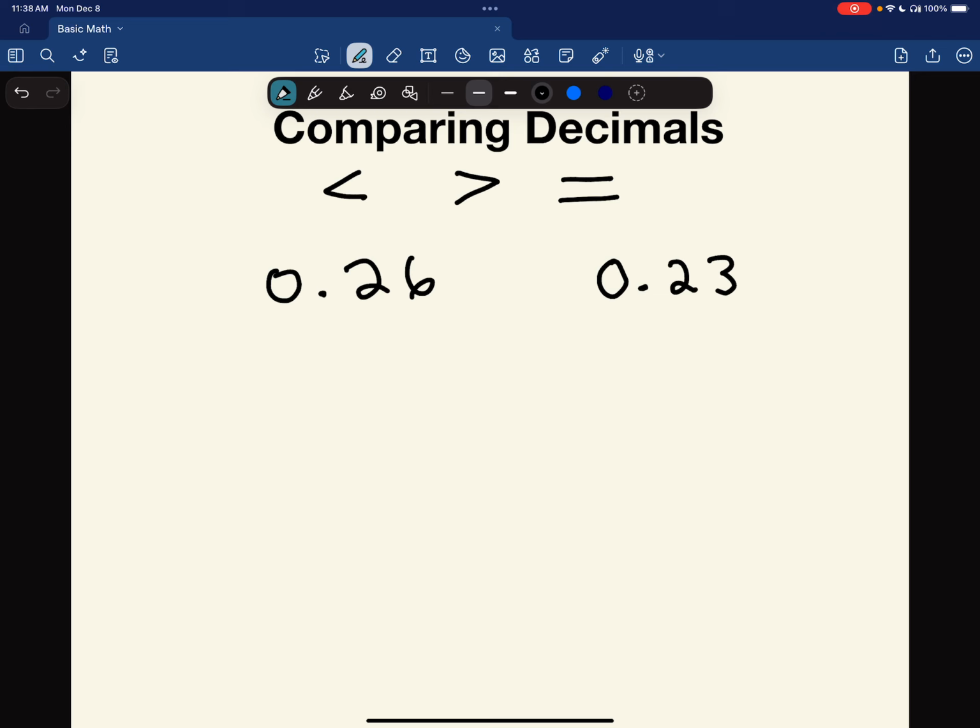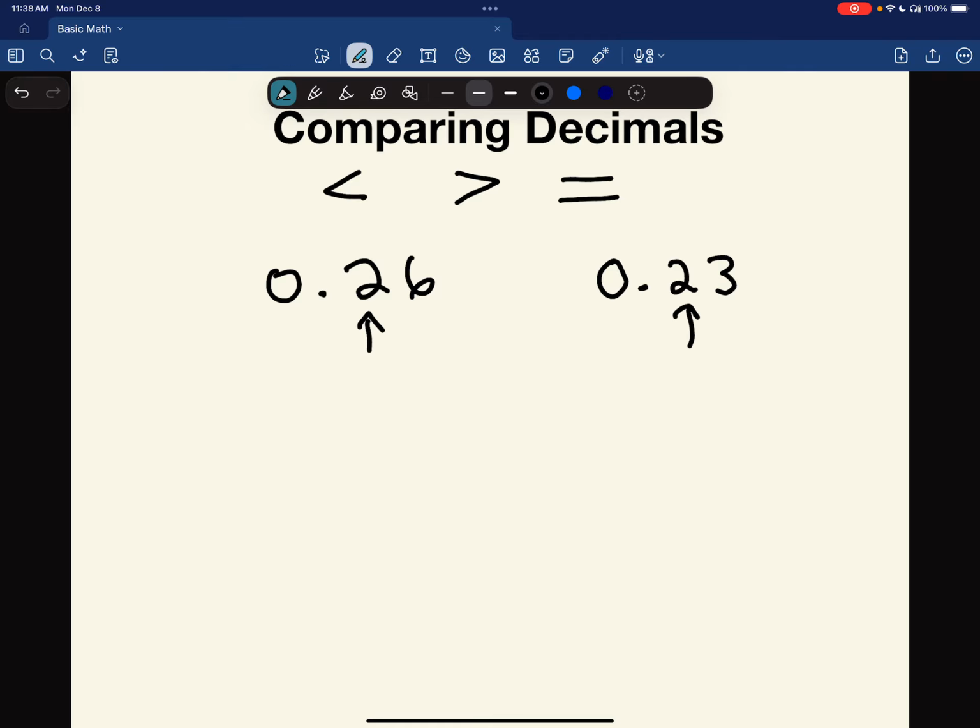Starting with the 0 all the way on the left, since they're both 0 before the decimal point, we're going to start looking at the digits after the decimal point. The first digit after our decimal point is 2 for both numbers.